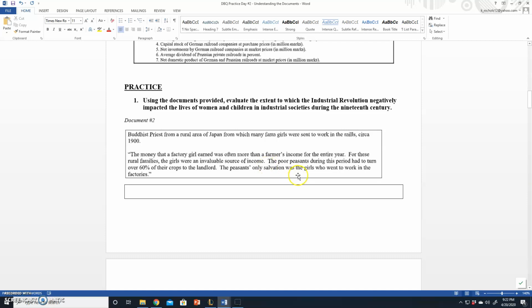If you're going to put in a small quote, it would be something like "only salvation." Girls were the only salvation for peasants. So you would give a small quote like "only salvation" or "invaluable source of income."